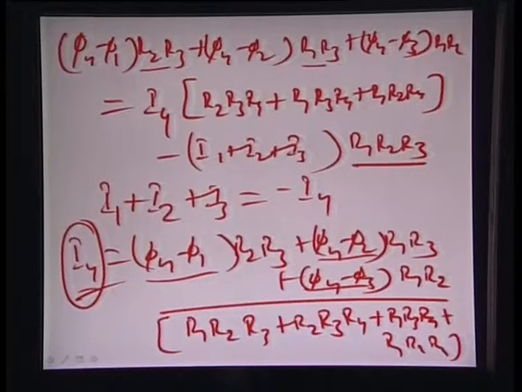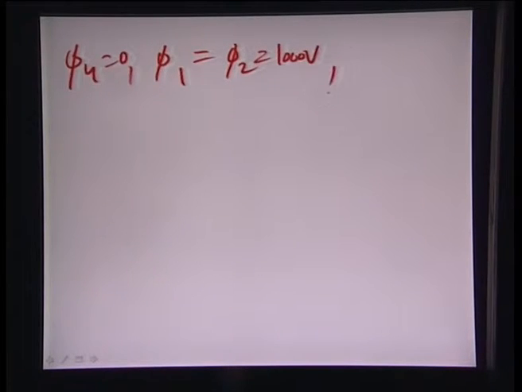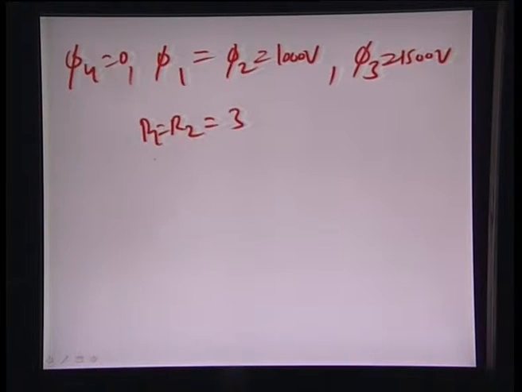Okay. So in this particular case, if you apply phi 4 equals 0, phi 1 equal to phi 2 equal to 1000 volts, and these are all mentioned in the problem statement, phi 3 is about 1500 volts, and you have R1 equals R2 about 200 mega ohms.